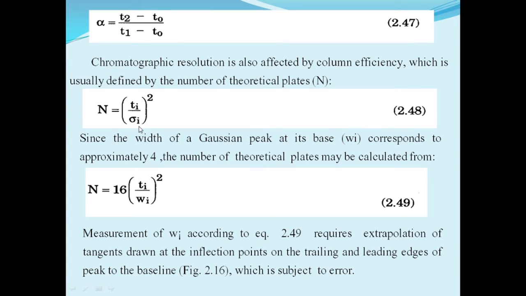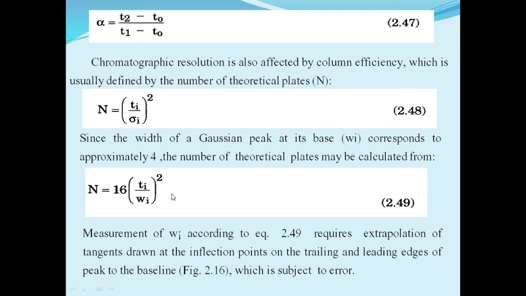Here sigma i is replaced by Wi upon 4. Therefore, this equation modifies into N is equal to 16 into Ti upon Wi square.